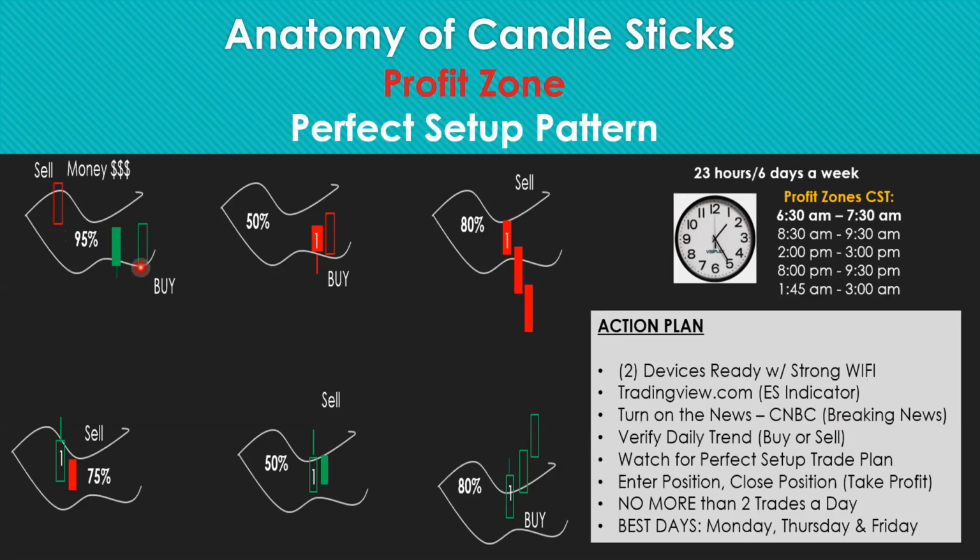That is called the perfect setup. So this here is a 95% win rate. You do not see this very often, but when you see it, take it. Whenever you see a hollow green candle coming from the bottom band, just automatically take it. Now, that's the perfect setup.